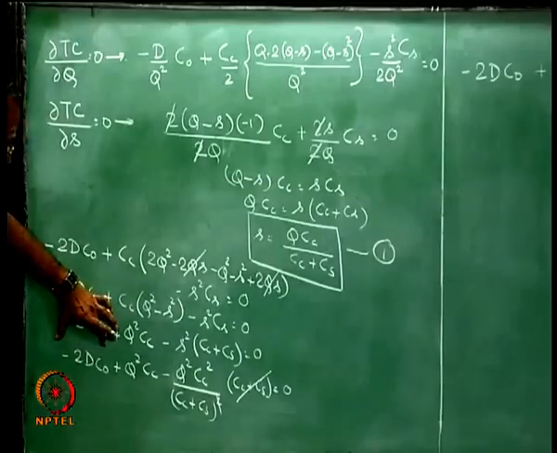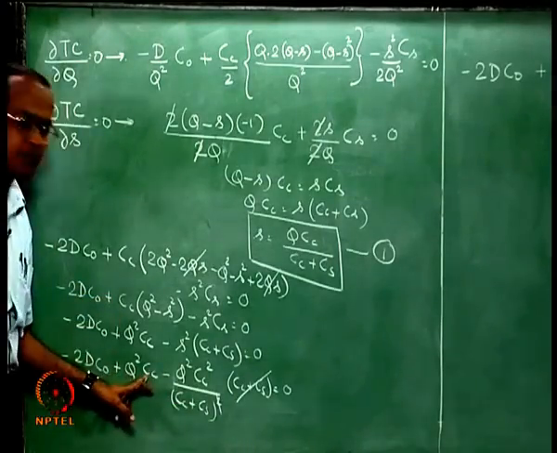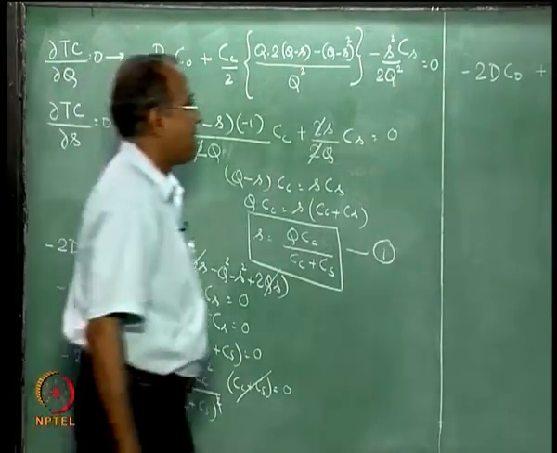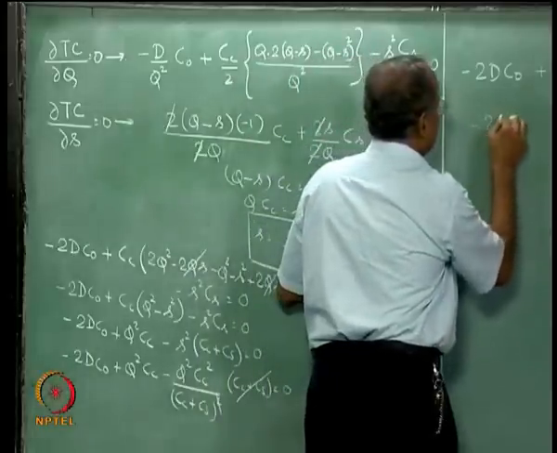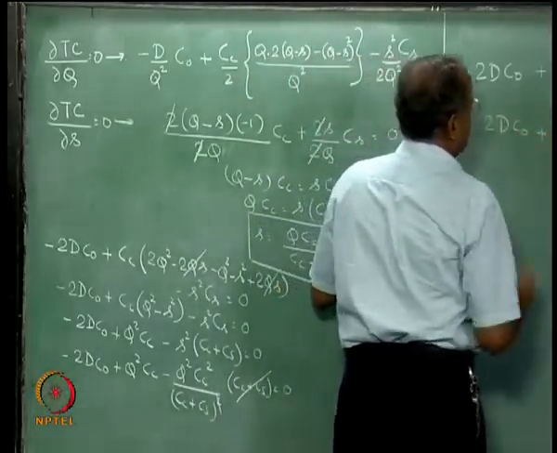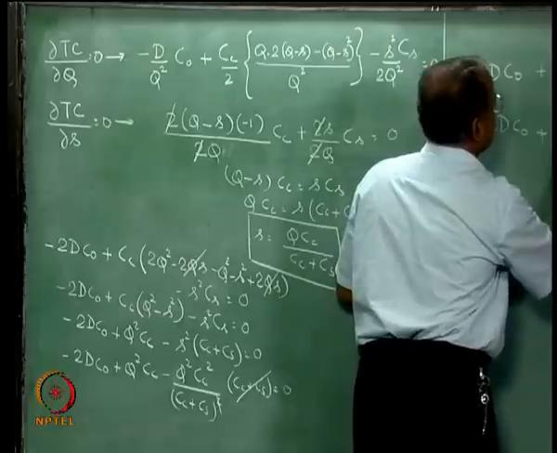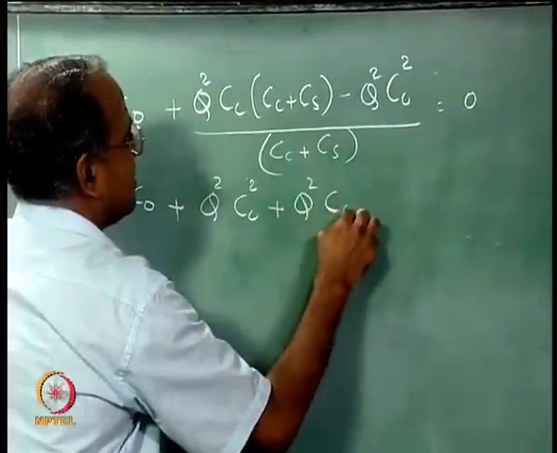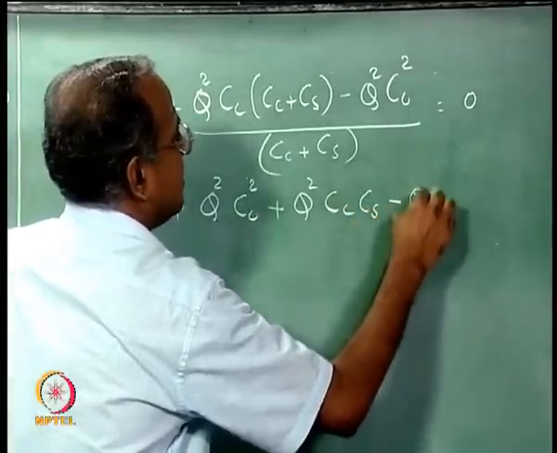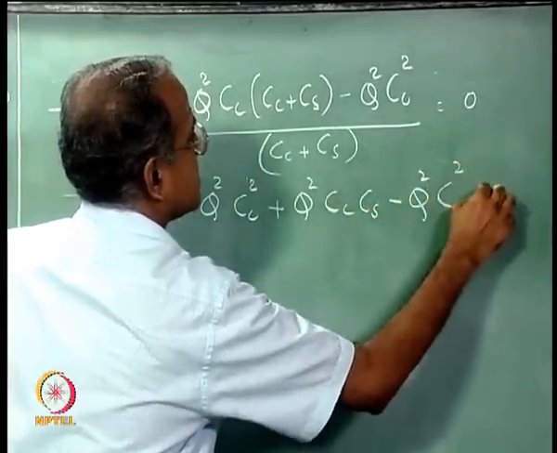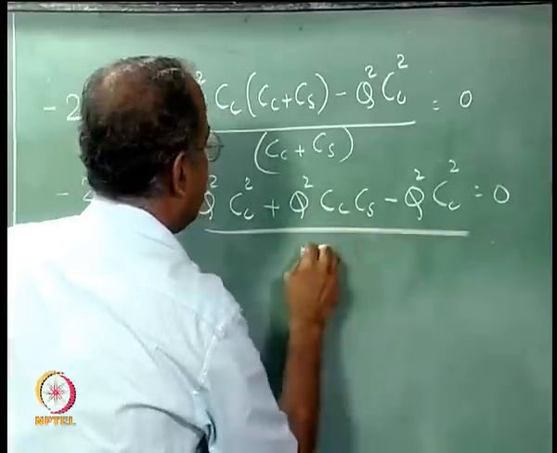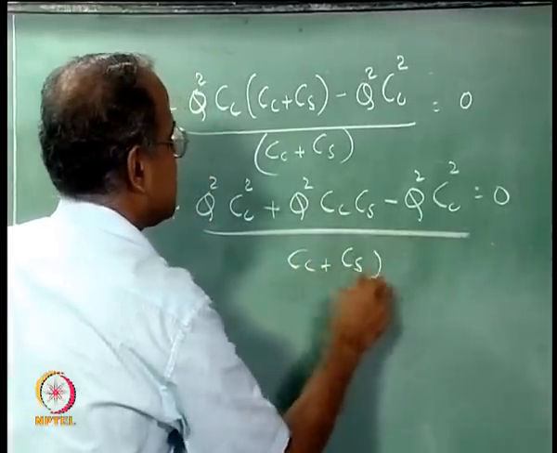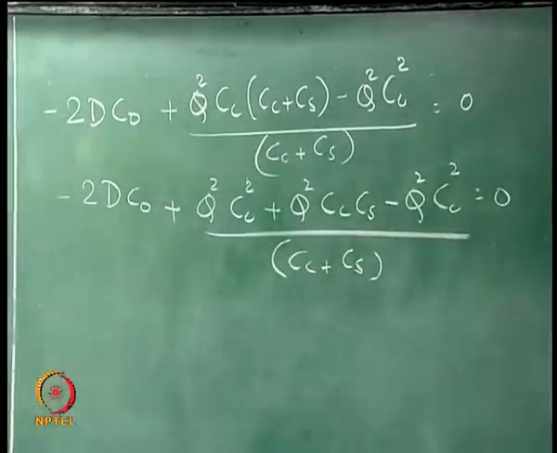I am leaving this as it is, I am taking this only up to this. Now, minus 2D C naught plus Q square CC square plus Q square CC CS minus Q square CC square divided by CC plus CS equal to 0.